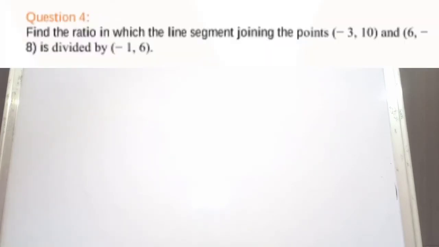Question number 4. Find the ratio in which the line segment joining the points (-3, 10) and (6, -8) is divided by (-1, 6). So, what's the given condition?